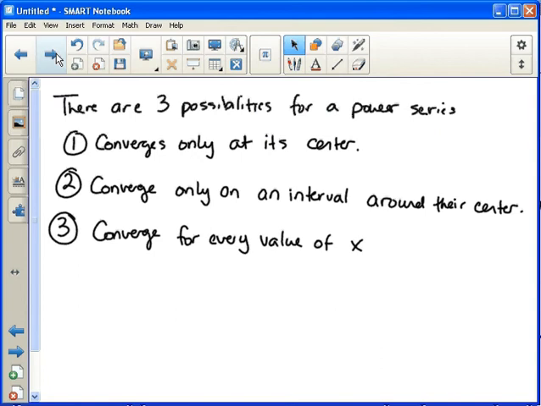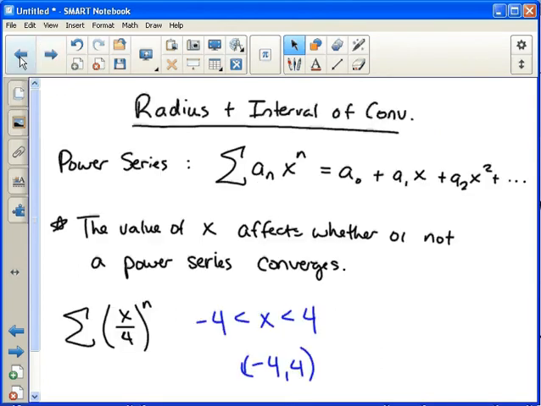The second possibility is that it would converge only on an interval around the center. That would be the case in this first example as well, because we would be centered at 0, but we converge on an interval around that, from -4 to +4. And notice 0 is the center of that interval as well, and that's not a coincidence.